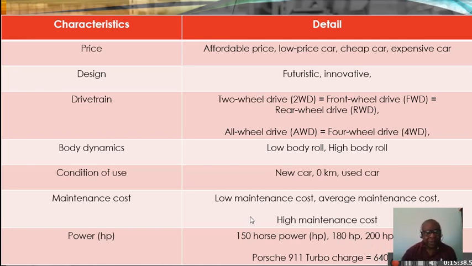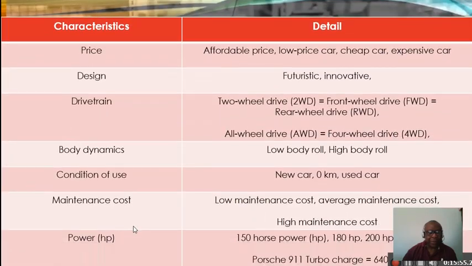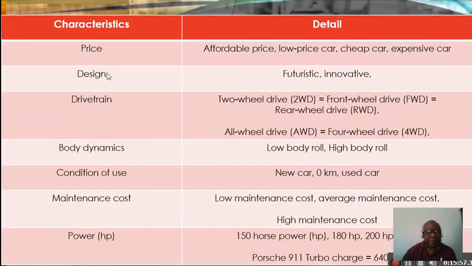Okay, so these are the words we use to describe cars. We talk about the make, the body style, the doors, the gear transmission system, source of power, engine capacity, fuel consumption, number of seats, seat material, the price, design, drivetrain, body dynamics, conditions of use, maintenance cost, and the power.